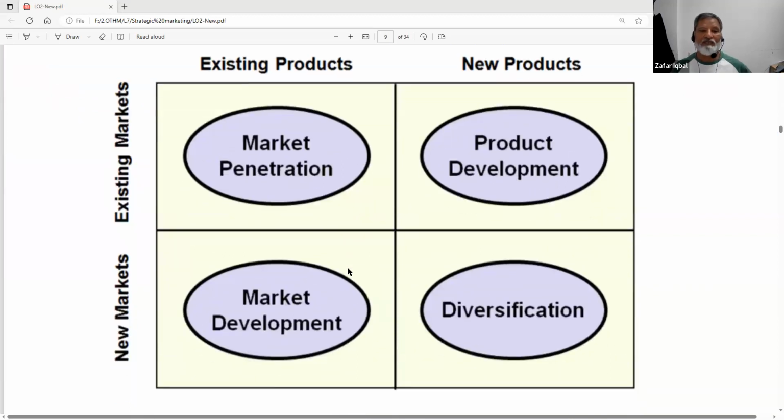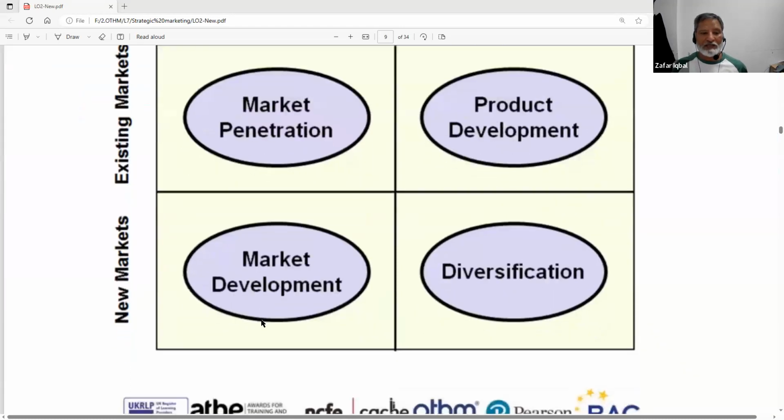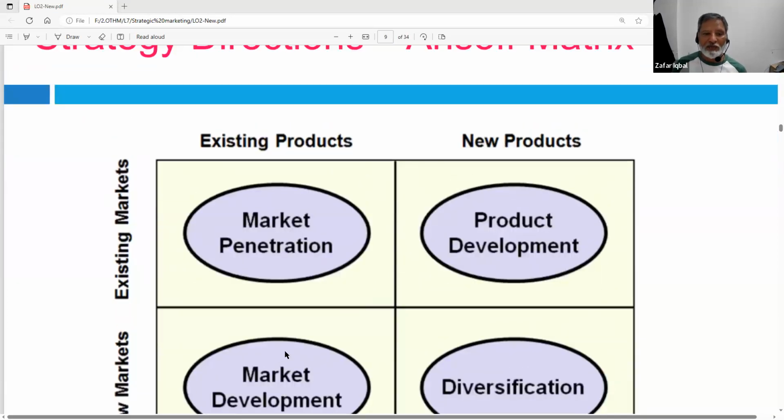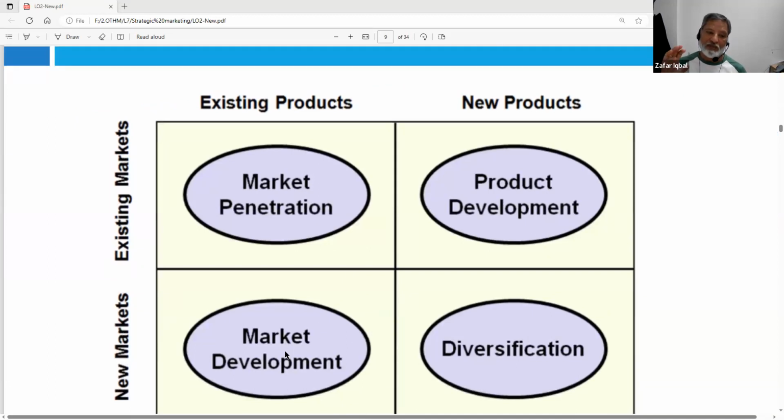The first one, you can have a market development, for example, which is existing products into the new markets. That's called the market development, or existing products into the existing market, which is the penetration, or you can go into new products into the existing markets, or new products into the new markets.